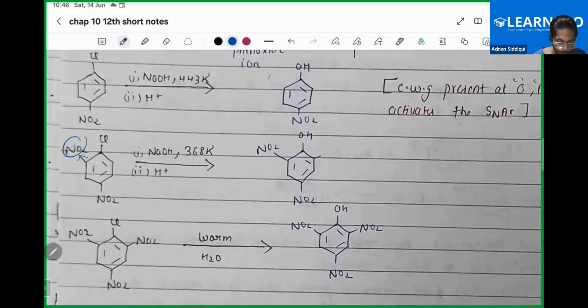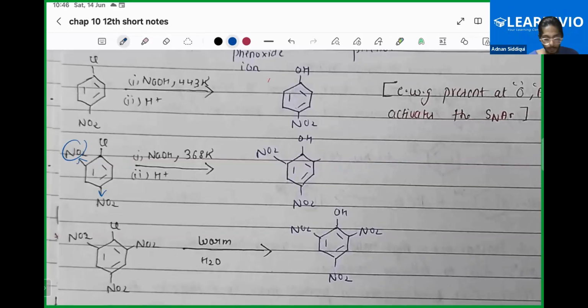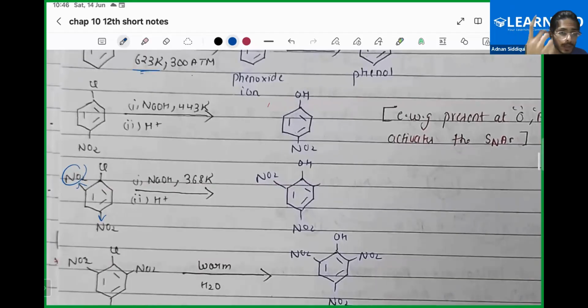Now, if I have added two electron withdrawing groups, they are pulling the electron density and making our benzene poor. If the benzene has less electron density, it will allow the nucleophile, which has electrons, to attack. So with two electron withdrawing groups, the temperature condition drops down even more.